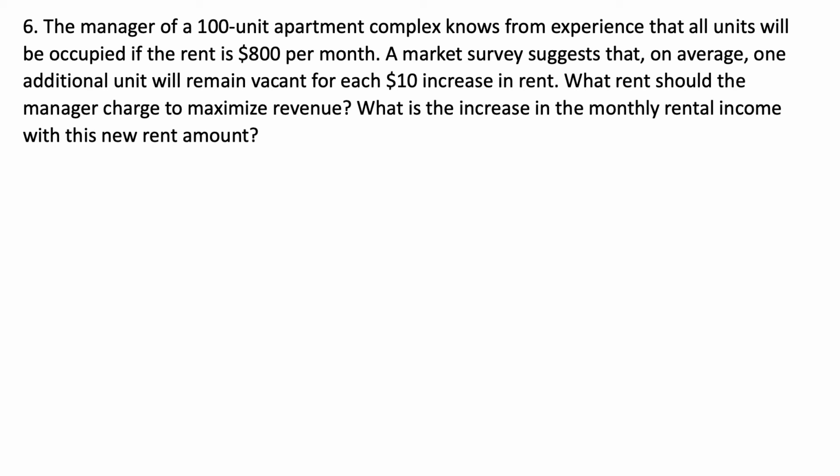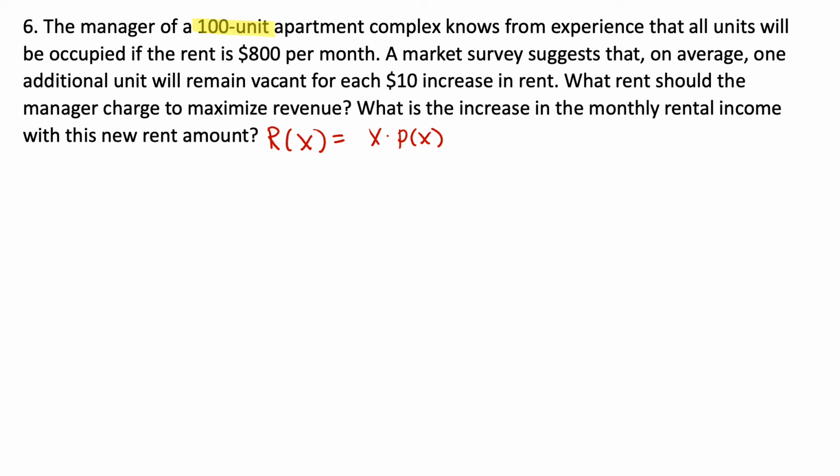And then once we figure that out, we'll determine what is the increase in monthly rental income with that new amount. So just like before, we need to come up with our revenue equation, R of X, by determining the number of units sold and the price that they're selling for. In this case, the thing that we're selling are apartments.